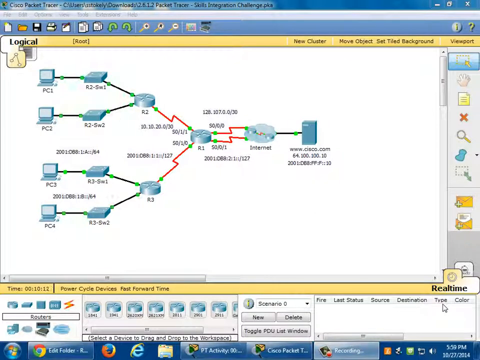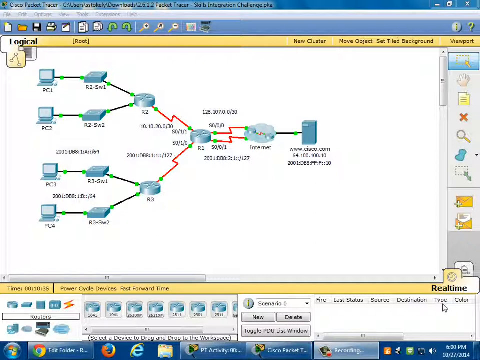So what do we have? We have IP route. Right? Yeah. And it's IPv4. So the same thing. 0.0.0.0 0.0.0.0. Out what?